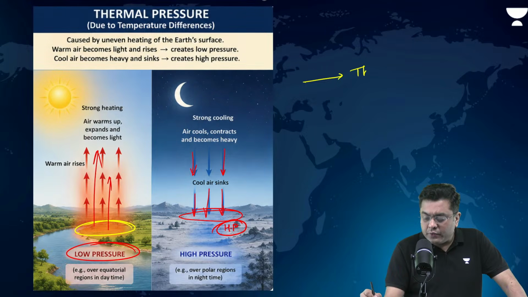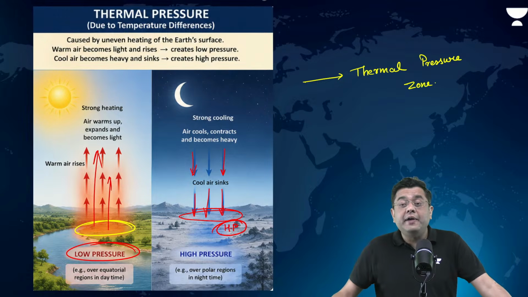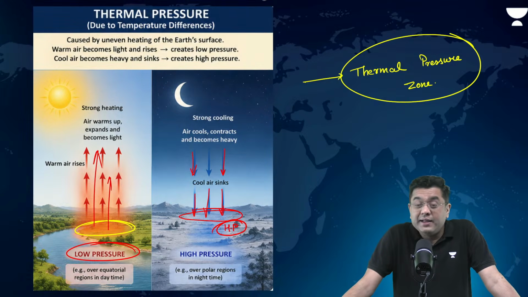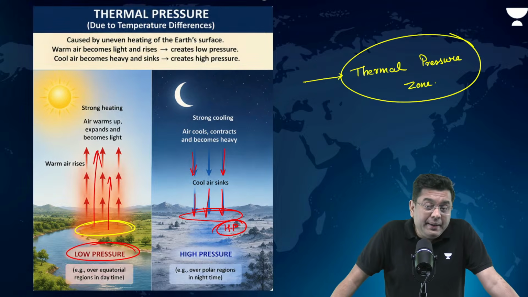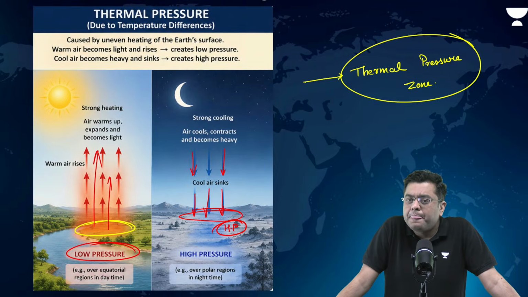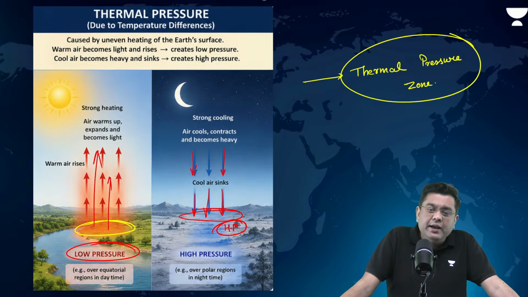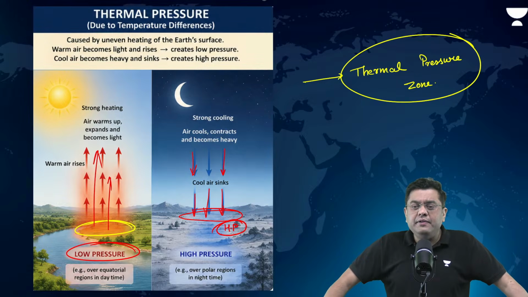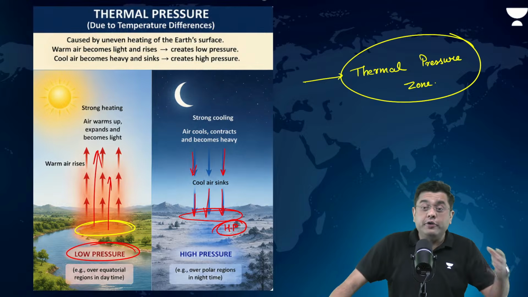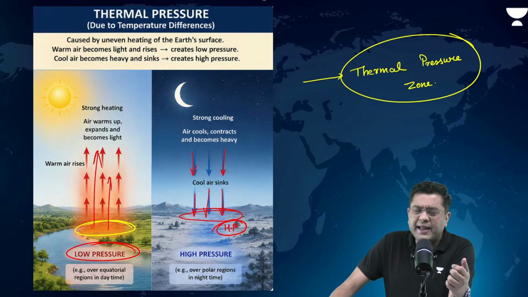Thermal pressure zone. For a long period of time, geographers across the world thought that pressure can only be controlled by temperature. That is where you had people like Hadley, Halley, all of them, when they provided even the air circulation model across the planet, which was first provided by Hadley.